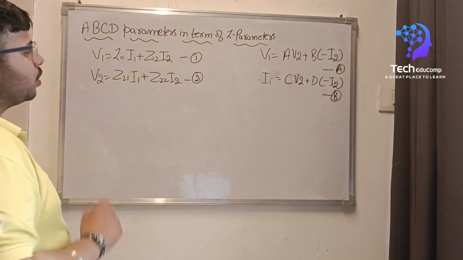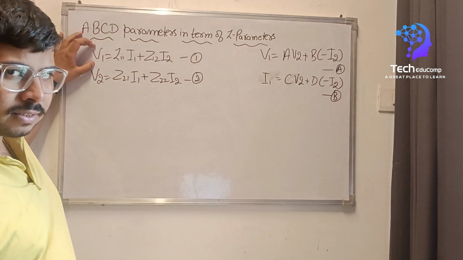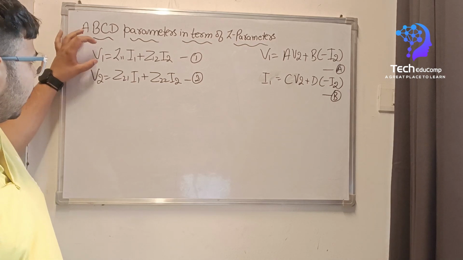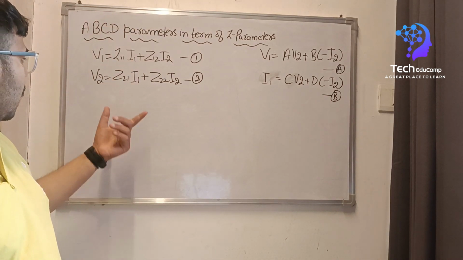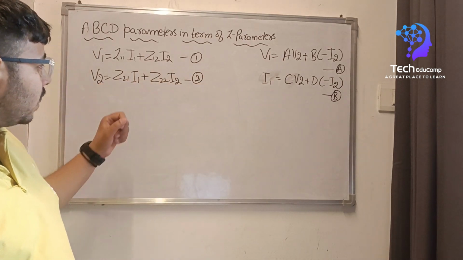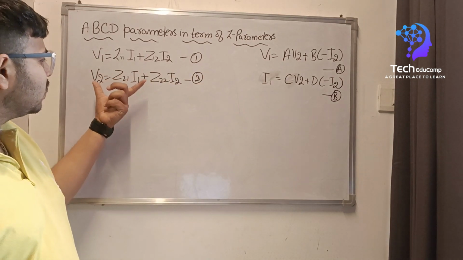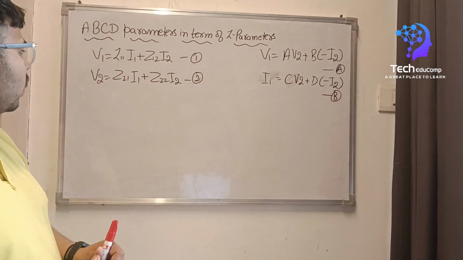If I see equation number 1, I have V1 on the left hand side, and the rest of the equation. But in the second equation I have V2, not I1. So what can I do? I can rewrite the second equation in the form of I1. How can you do it?